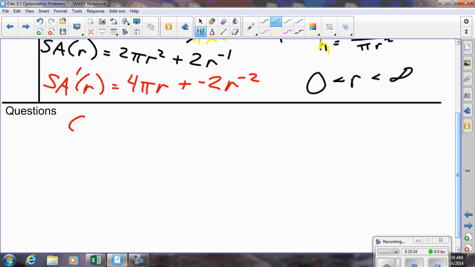So we are now looking at 0 equals 4 pi r minus 2r to the negative 2, which would give us 2 over r squared equals 4 pi r over 1.